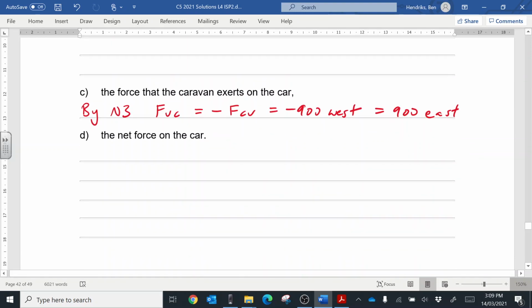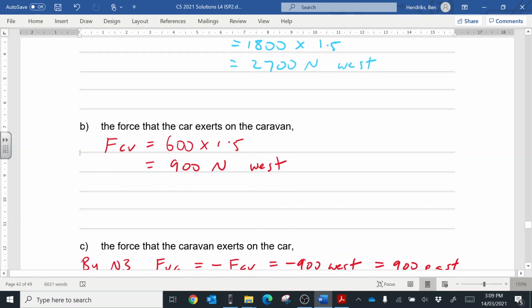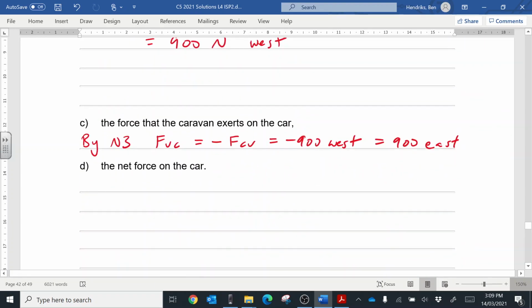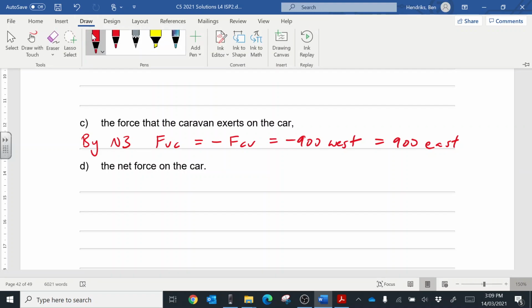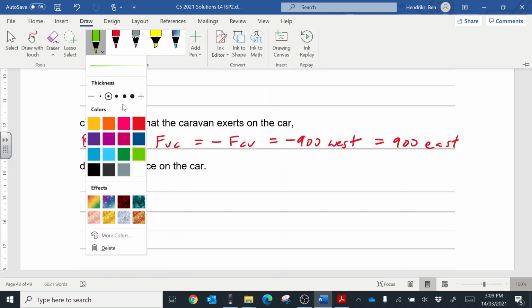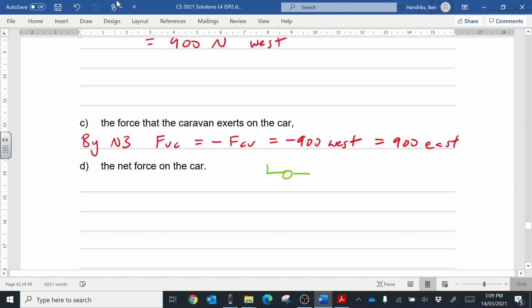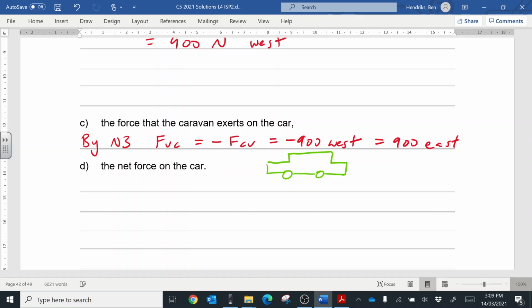So for the net force acting on the car, let's just draw the car by itself and look at the forces acting just on the car itself. I think my car has changed shape slightly.